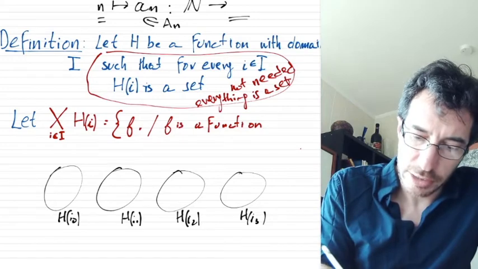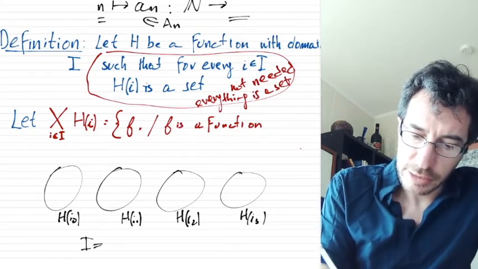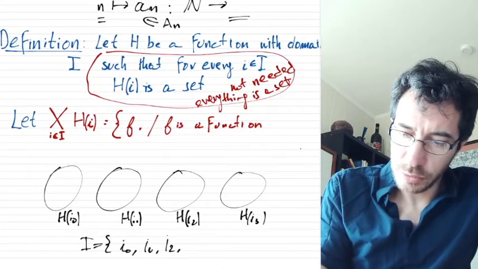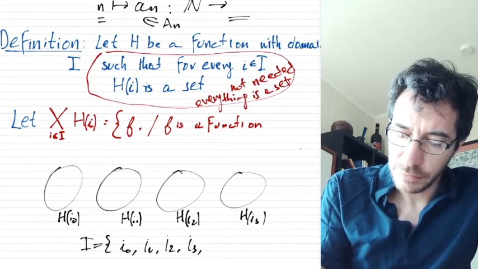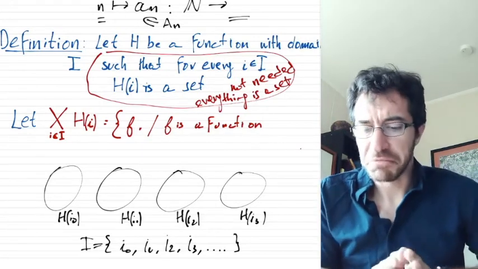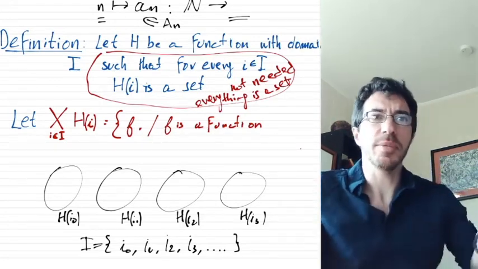So in this case, I contains the elements I0, I1, I2, I3. It doesn't need to be countable. I'm just doing countable for the example, but it could be more.